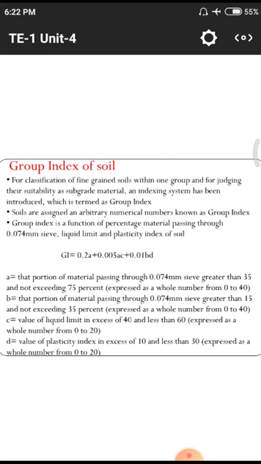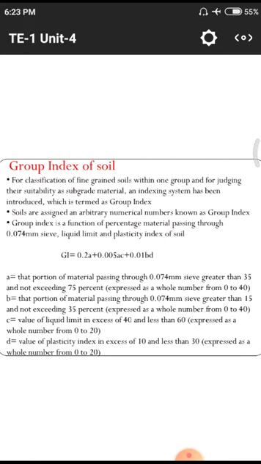In the first sentence itself, fine grained soils means normally we are having sands as fine grained soils, so all those fine grained soils are grouped together for judging. Judging means simply we need to justify whether that material is suitable or unsuitable for the construction purpose.